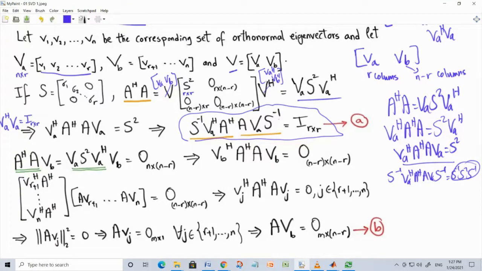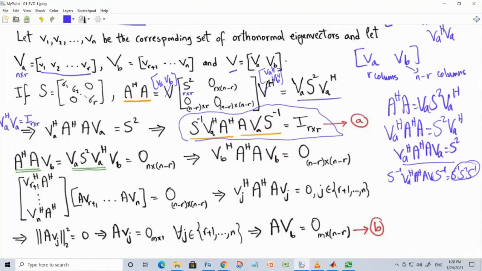S is a diagonal matrix that contains the positive square roots of the strictly positive eigenvalues of A Hermitian A. So the eigenvalues of A Hermitian A are sigma 1 squared, sigma 2 squared, sigma 3 squared, up to sigma r squared. S itself is sigma 1, sigma 2, sigma 3, up to sigma r.